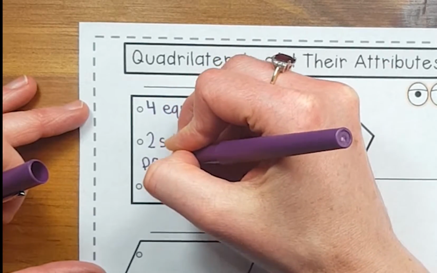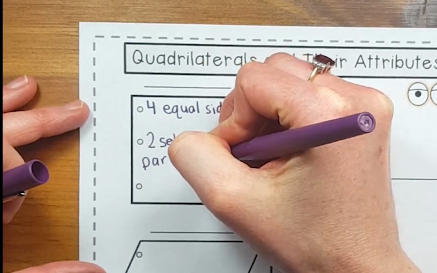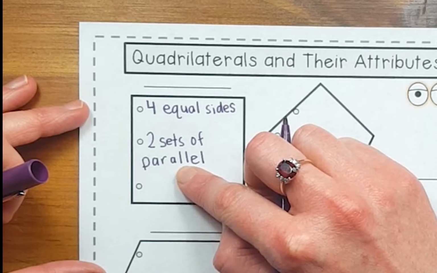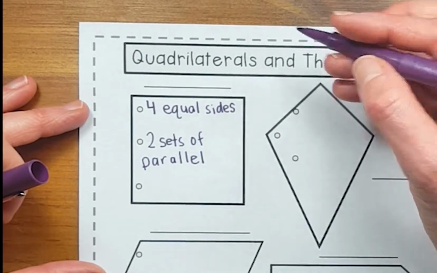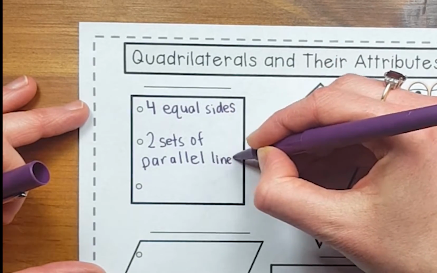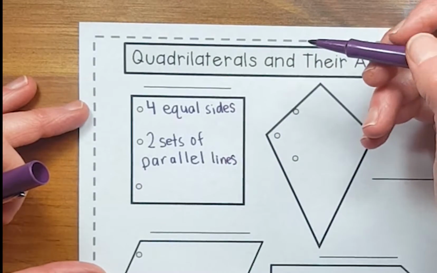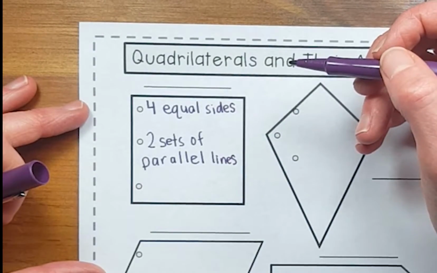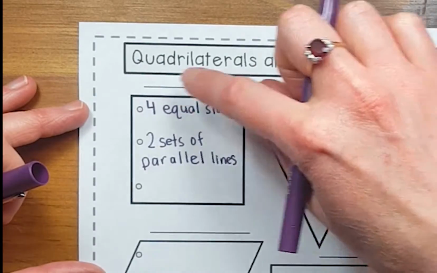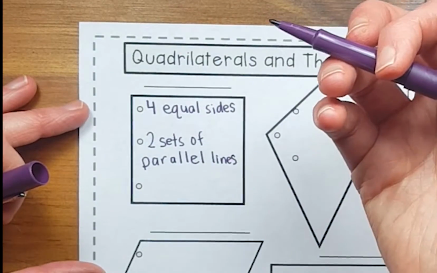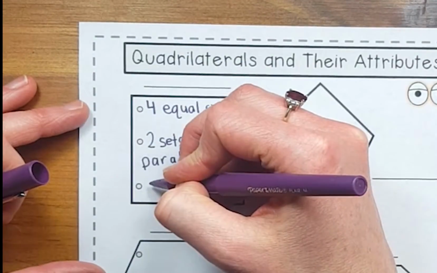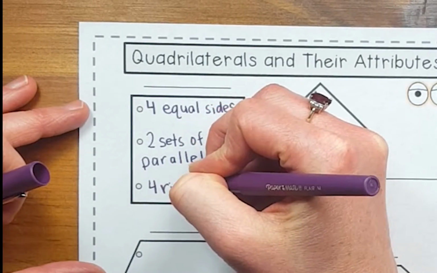There's that fun word parallel that has a set of parallel lines inside of it. 2 sets of parallel lines. And the other kind of attribute I can look at is corners. And I can see it has 4 corners, and it has 4 special kinds of corners.